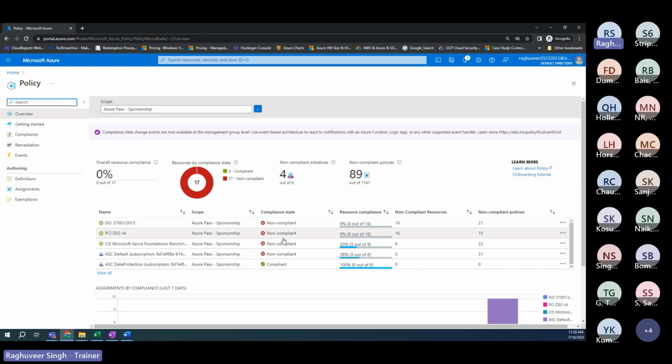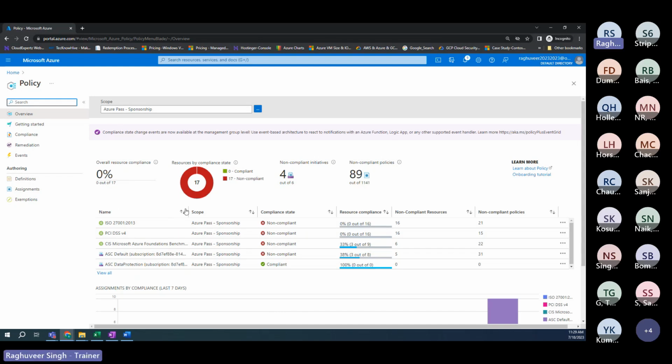They need some data. So there has to be some network, some virtual machines, some applications configured in the subscription, which it will assess and compare with the controls in the policy and return the status of whether they are compliant or not compliant. So this is where you see the information here.